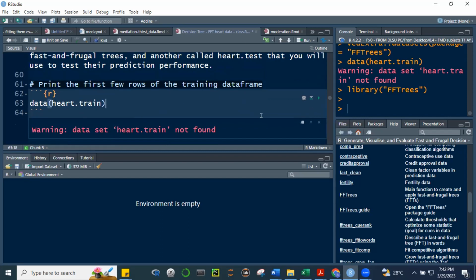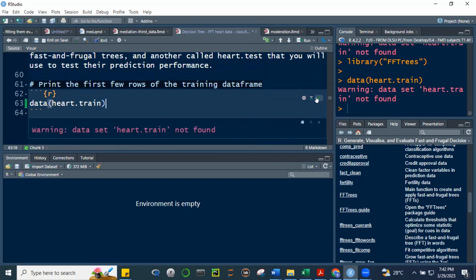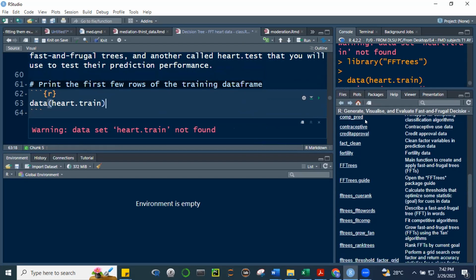Tama naman to. Sir, baka heart train yung sa akin, walang dot, para ma-load yung data. Ganun? Wait, ha? Tinanggal ko yung dot.